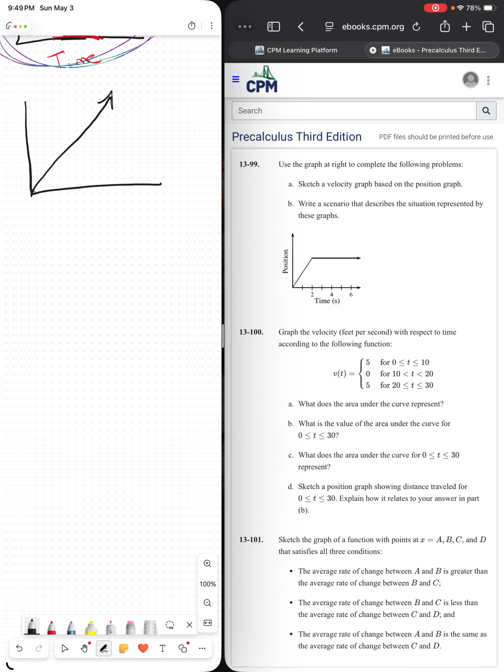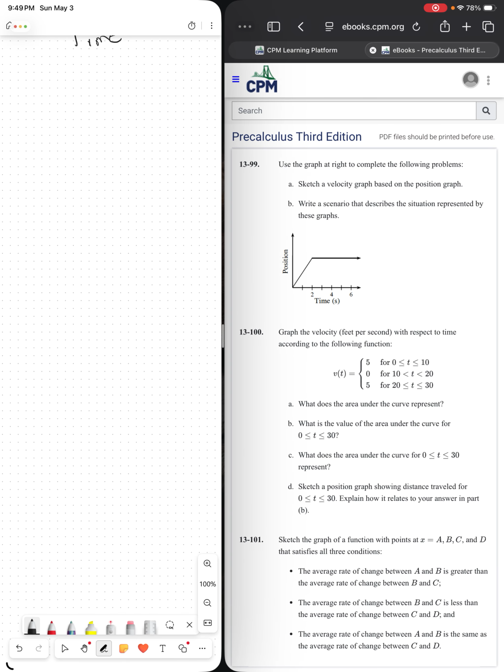So we have a constant position increasing, so we have a constant velocity, and then we have a stop, we're resting. So we have this constant slope velocity, and then we have a velocity of 0 because we're resting the rest of the time. We're not changing distance.